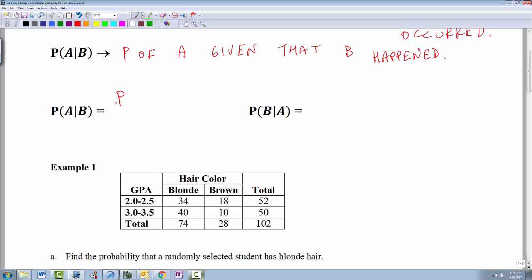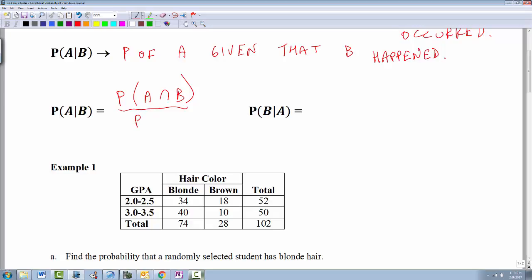Okay, so this is the probability, of course, that A happened given that B happened first. So to find the probability of A given that B has happened, this is what you have to do. What does that upside down thing mean? It means and, not union, because that's a U. It's intersection, or what they have in common, the overlap.